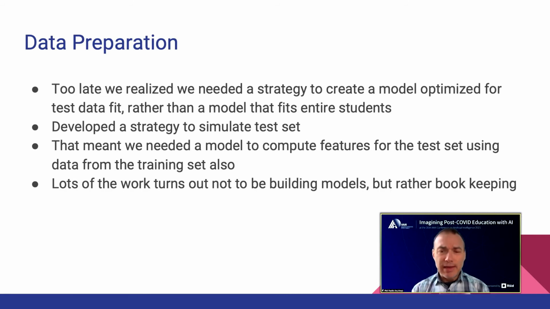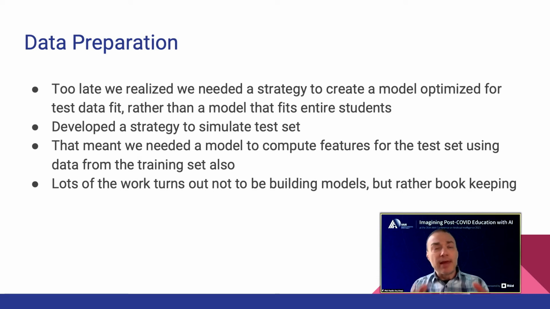Too late, we realized that if we really wanted to do this the optimal way, we would need a strategy to not do student stratification, where we would create a model optimized for the test data fit rather than a model that fit entire student records. So we developed a strategy to simulate the test set by proposing that each student started at a random time and distributed their data, so we could take out a section that would simulate the test set.